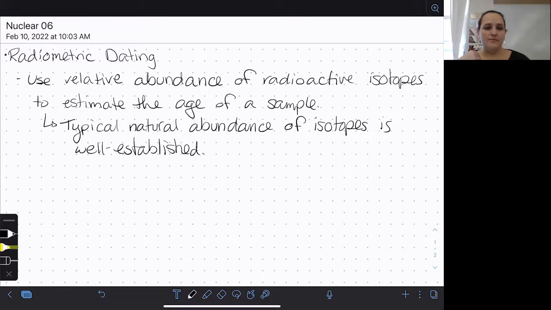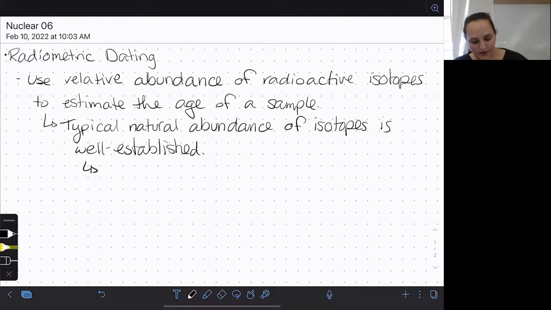If a certain percentage of the world's carbon typically exists as carbon-14, for example, we can compare how much carbon-14 is in a sample now to how much typically would be in that substance, to get an idea of when it was created and an understanding of the age of a sample.